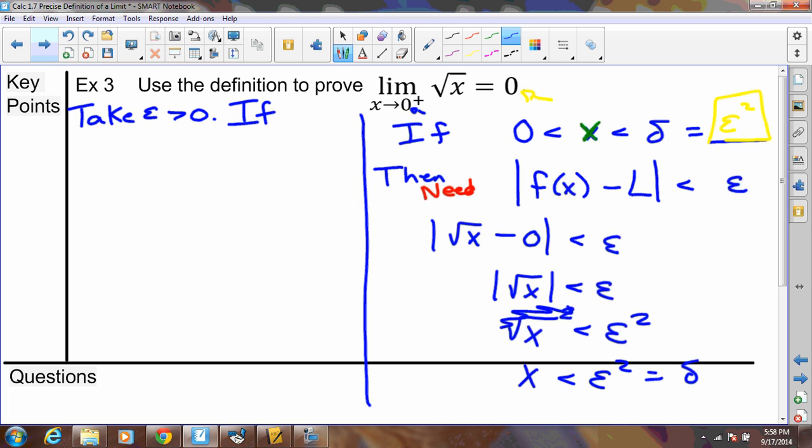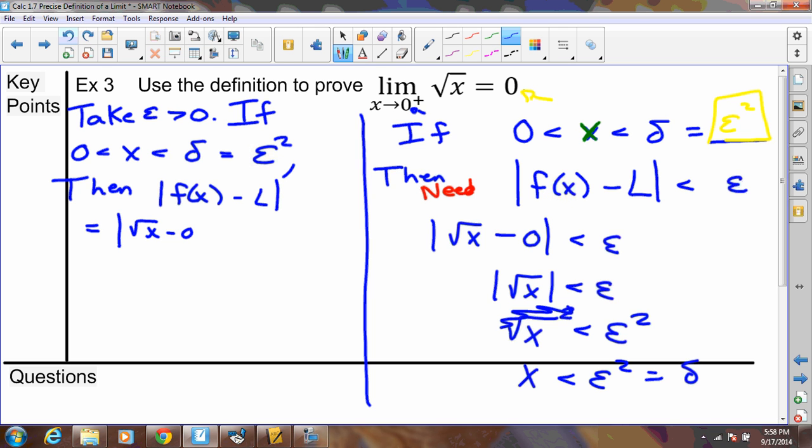If we start with the assumption that 0 is less than x, which is less than delta, equal to epsilon squared, then absolute value of f of x minus L, which we need to be less than an epsilon that we're given, that part is equal to the square root of x minus 0, which is equal to just the absolute value of square root of x, which is equal to the square root of x, which is then, making our substitution, less than the square root of delta, which is actually just following from this part where we take a square root of both sides.